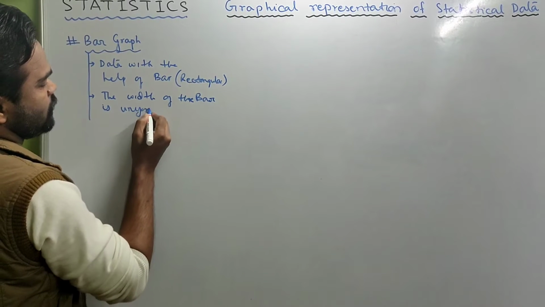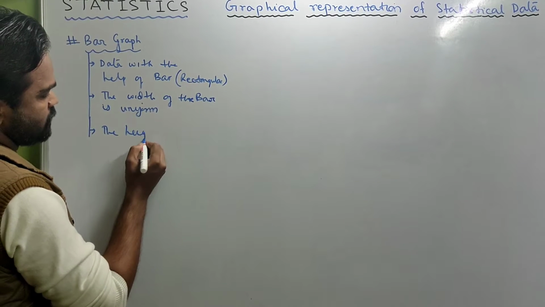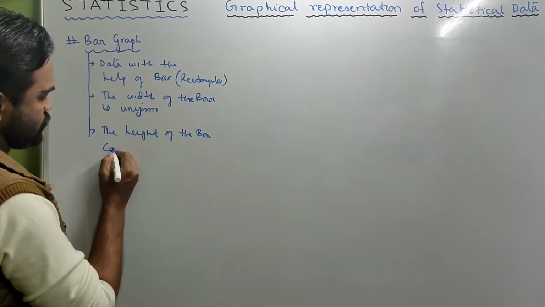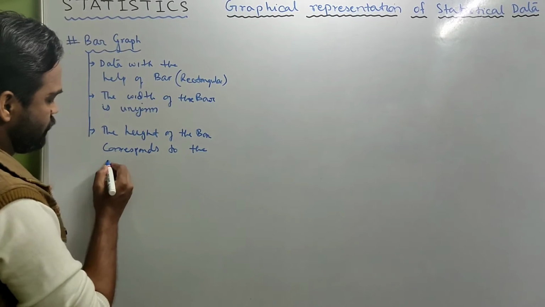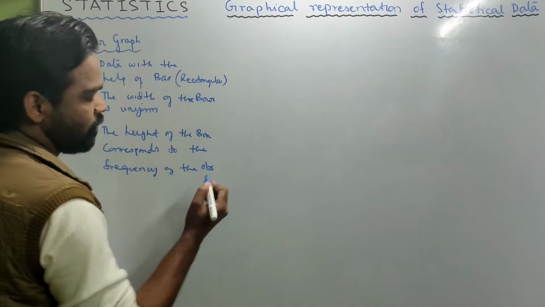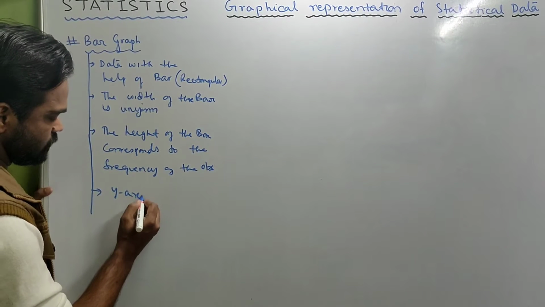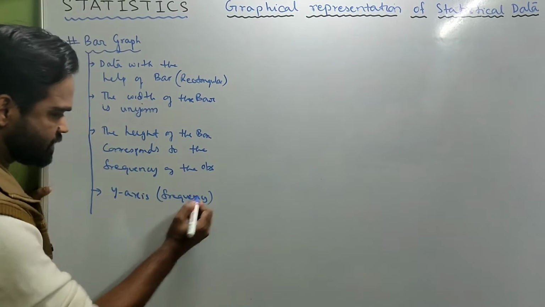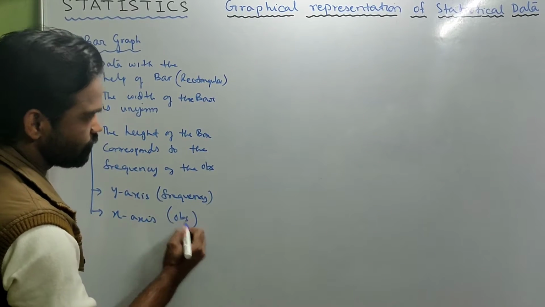See that it is the same. The height of the bar corresponds to the frequency of the observation or the variant. Your y-axis represents the frequency, and your x-axis represents your observations.